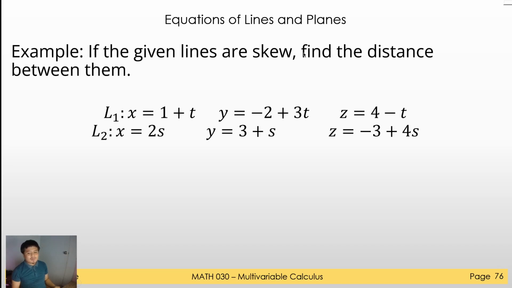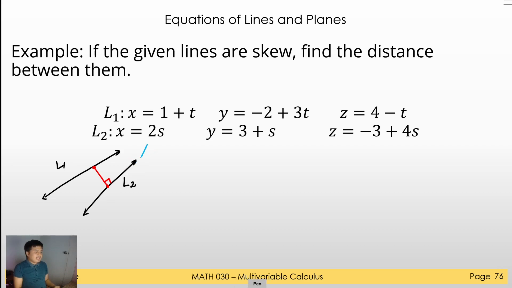Okay, so how do we now figure out this problem? So if you have two given lines that are skew lines, okay, so let's say this is your line 1, and let's say this is your line 2, okay, what we can find is this distance in between them when we make one of these lines as a plane.